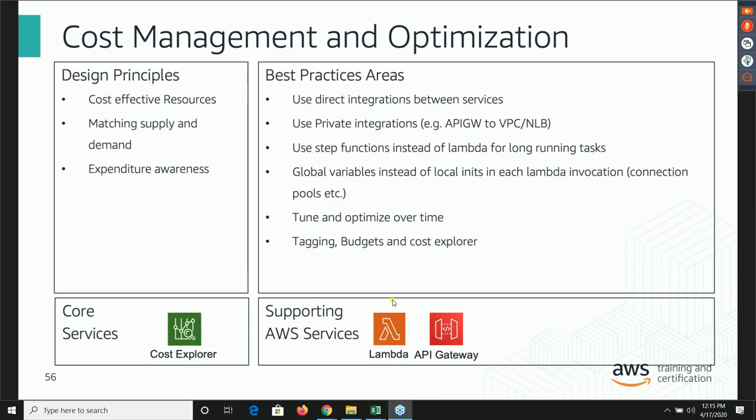Plan your budgets in Cost Explorer, build reports around that, and build alerts as well. Set up those typical 50, 70, 100% alerts, so that if your projected spend is going to go beyond, you catch issues early.